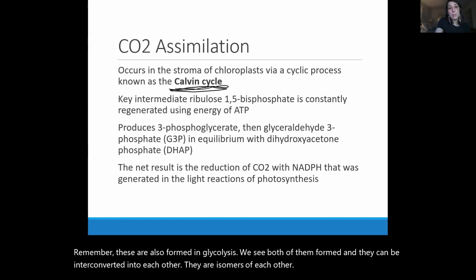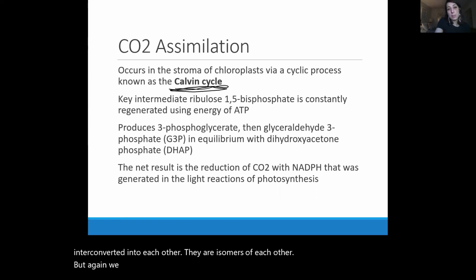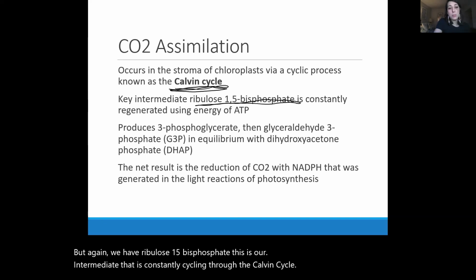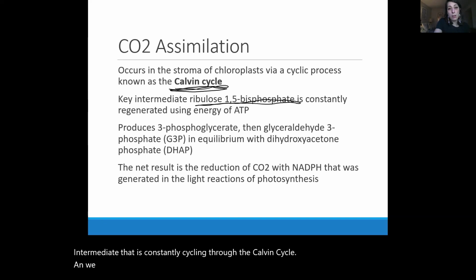But again, we have ribulose 1,5-bisphosphate. This is our intermediate that is constantly cycling through the Calvin cycle. And we actually produce our glyceraldehyde 3-phosphate.